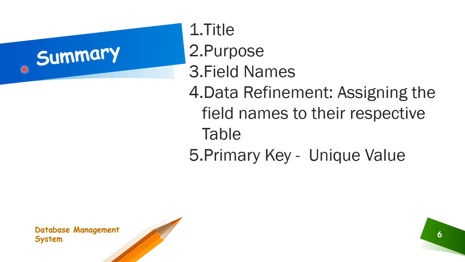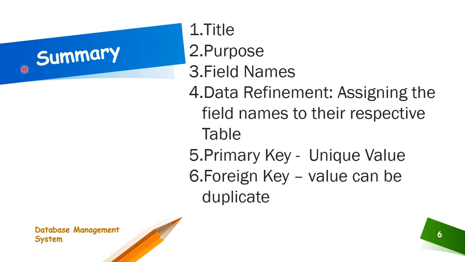Kung meron tayong dalawang table at meron silang relationship sa isa't isa, then we need to assign one of them as the primary key so that it will accept only a unique value. Then, yung mga duplicated value, that is now what we call foreign key. Okay, we need to assign our field names into foreign key. Okay, so since nasa module naman lahat yan, kung babasahin nyo yung module ng maigi.